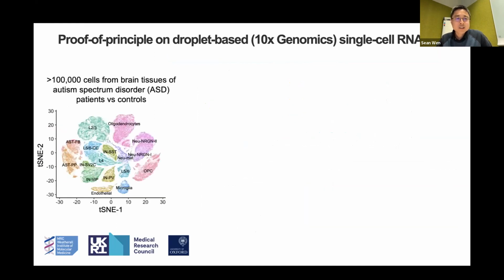Next, I wanted to just show you that MARVEL can handle many cells. So for example, over here, I'm showing you an analysis that we performed using more than 100,000 cells derived from brain tissues of individuals with autism versus individuals with no autism. Because these cells were derived from brain tissues, you will see that there are many different cell types over here.